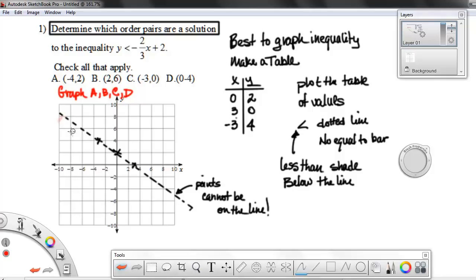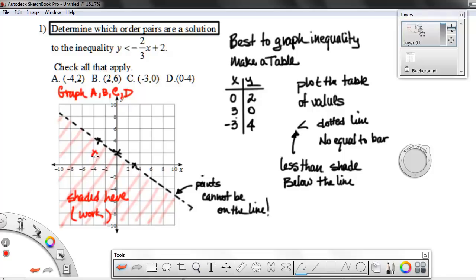So any point that's found in this shaded area, doesn't matter which one I choose, any point in here will make that inequality read true. And so again, the ones that I am going to be testing are A, B, C, and D. So here's my shaded area. So anything in there will work.